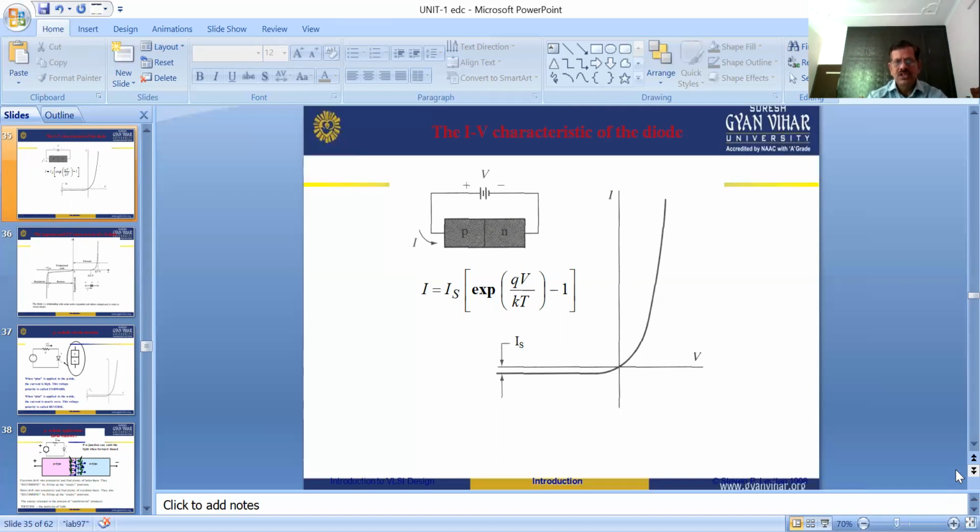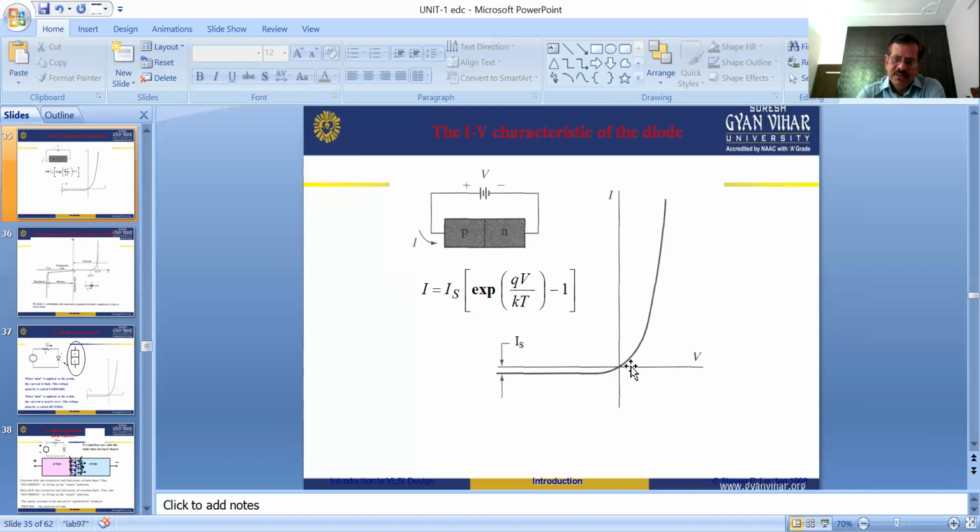You see here in this graph, as we increase the voltage, the current also increases. In the first quadrant, this is the forward bias condition, or forward bias curve between the current and voltage.